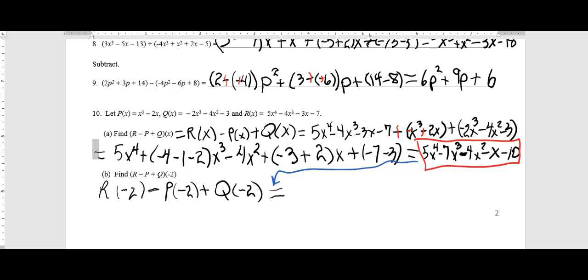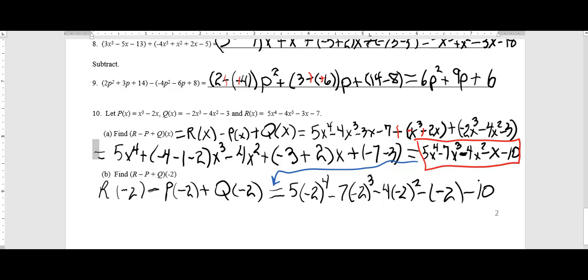But since that would be the long way to solve the problem, since I already found r minus p plus q of x, I can use my result from the previous part of this problem and replace every x in that result with -2. Since I've already done the work in part A, this is the quickest way to solve this problem.